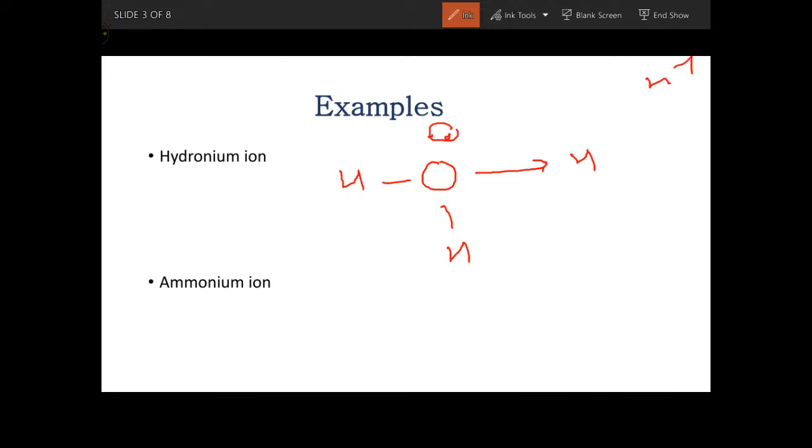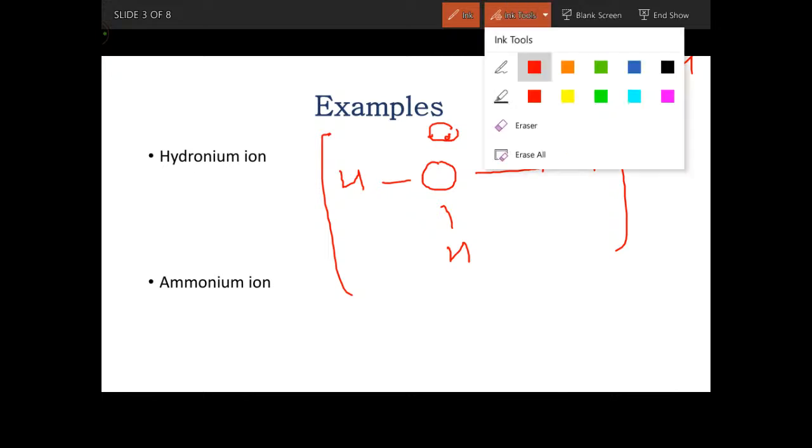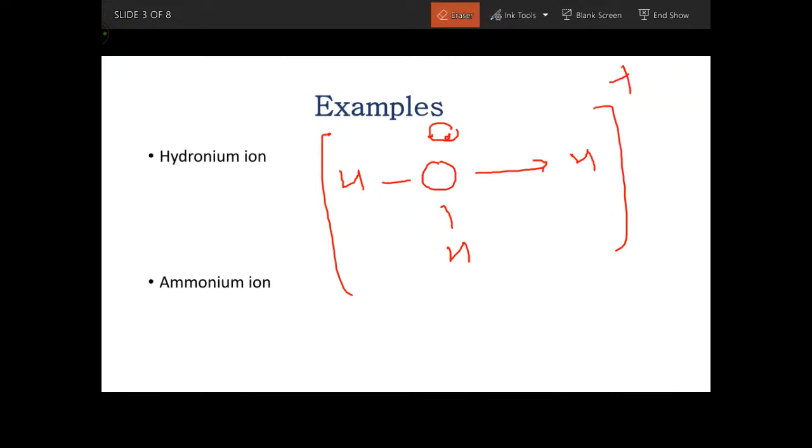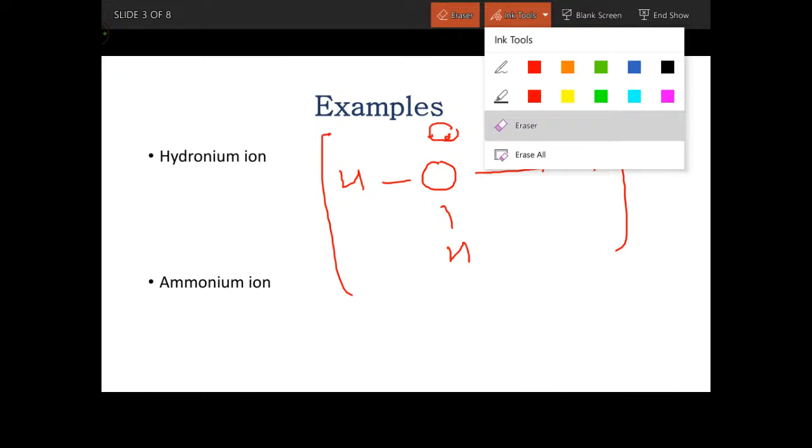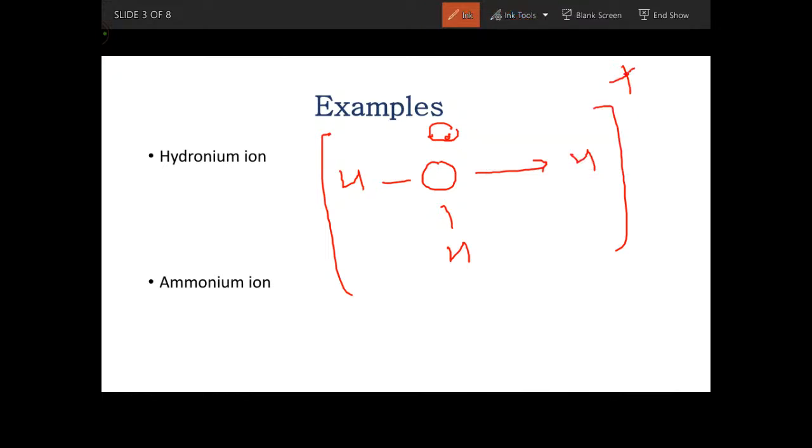Since oxygen has given this, H plus I will write outside, like this. So this is the correct way of representing the hydronium ion. How to draw the hydronium ion? This is an arrow, like this.